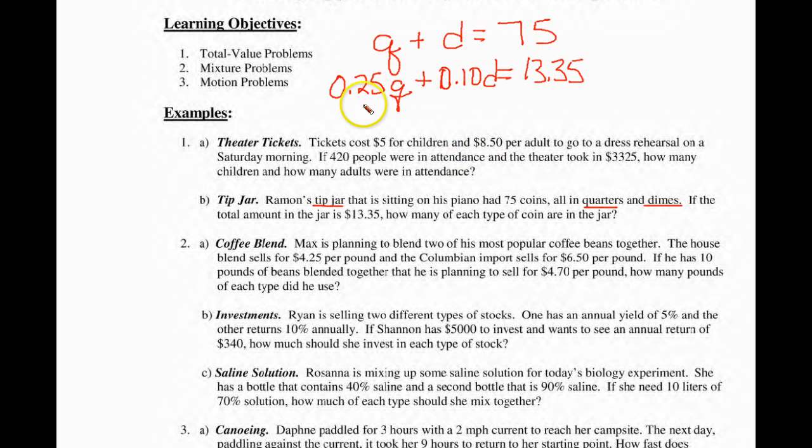Again, very similar to the previous one. We just get rid of all of our decimals by multiplying each term by 100. We could use elimination or substitution.